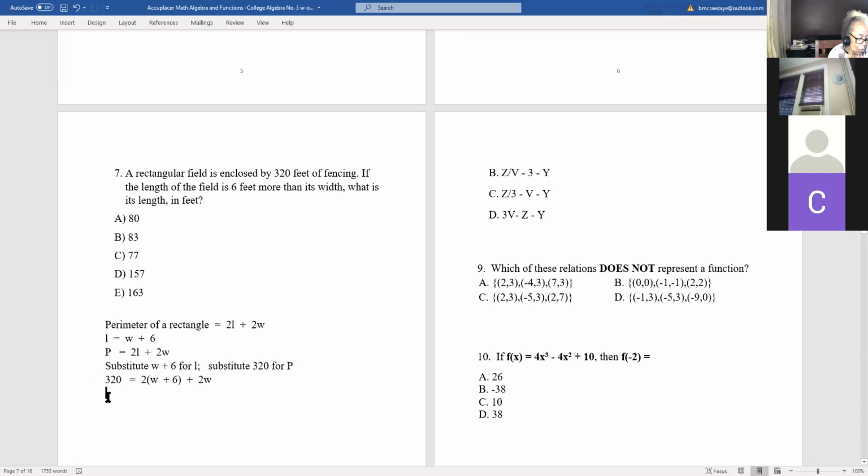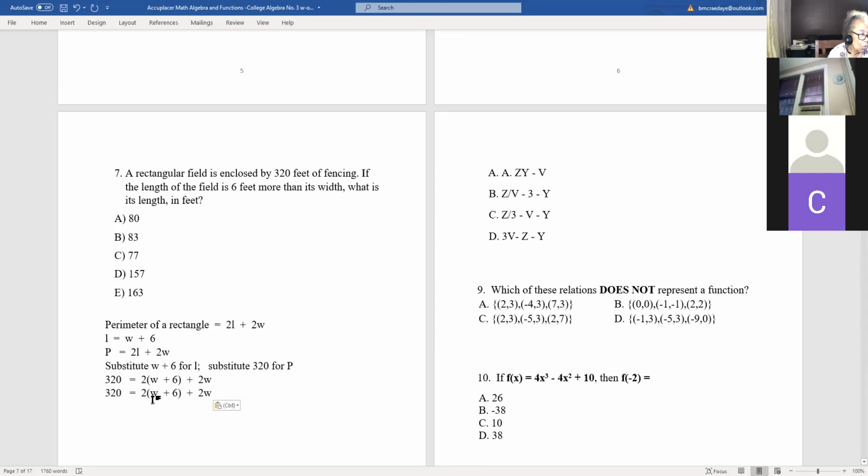Okay, let's do it step by step. 2 times W is what? 2W. That's it. Very good. What's 2 times 6? Yes. 12. Very good. So you got what you need, right?